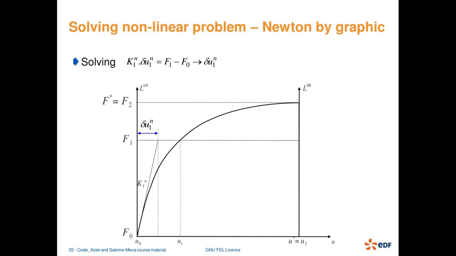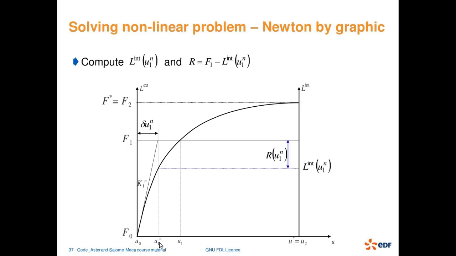Now using that, I will update the deformation, and thereby I will get the u1 for the nth iteration, which is u0 plus this del u1n, gives me the updated deformation u1n. Now for this u1n, I will compute the internal forces, and my external force is already there, and therefore I get this residual. Whatever this residual is, I will compare with my acceptable value.